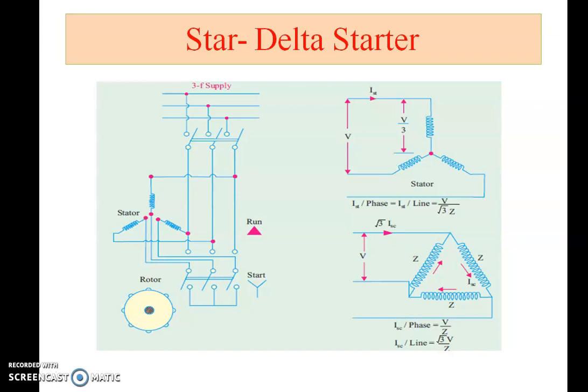That means the phase voltage is always less than the line voltage for star connected windings.